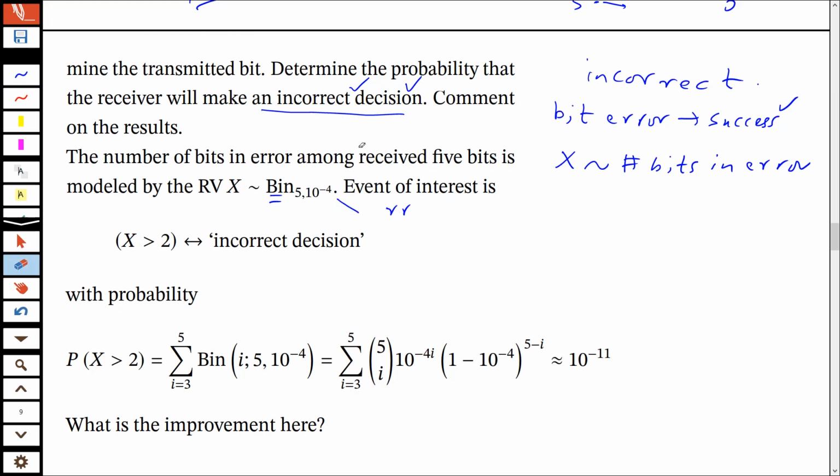How do we represent the event which is informally written as the incorrect decision? Incorrect decision would mean that the number of bits that were received wrong is still in the majority. And in 5 trials, the smallest majority is 3. So 3 is a majority, 4 is a majority, and 5 is a majority. 2 and 1 are minority.